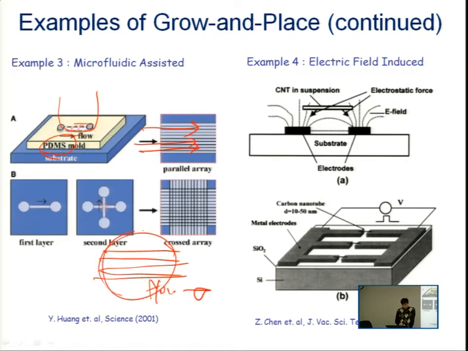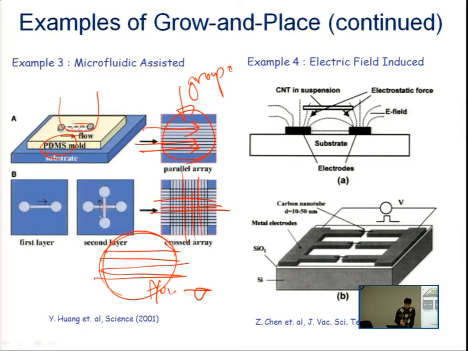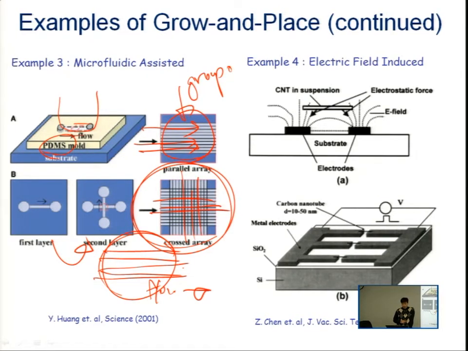So with this method, we can make a group of wires aligned in one direction. If people want another direction as well, they simply rotate the PDMS mold and do the silicon nanowire solution flow again. But still, this method does not give a precise alignment of single nanowires.